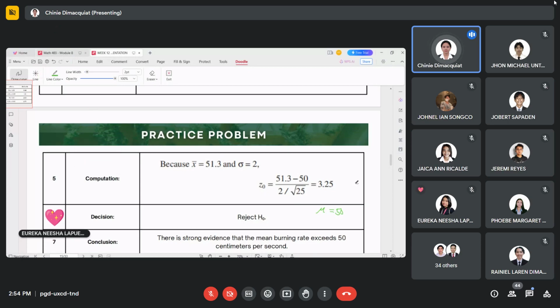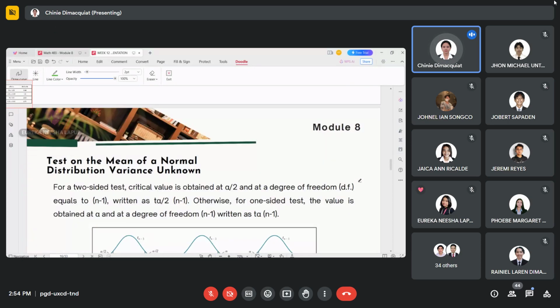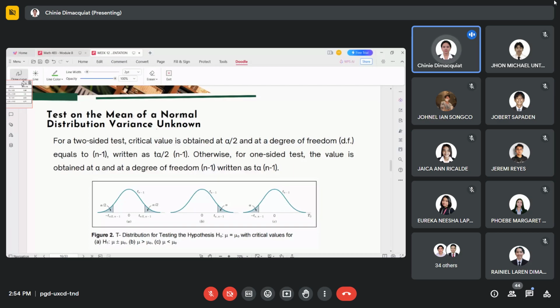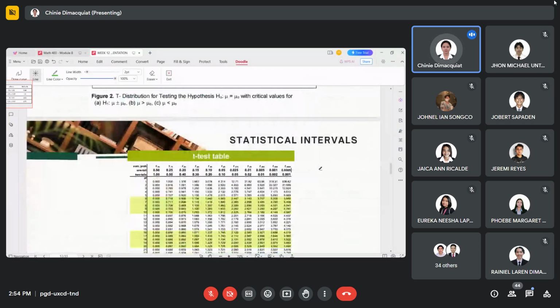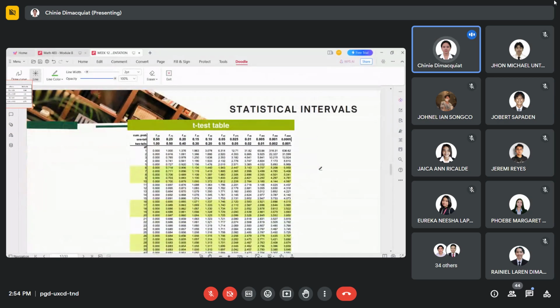Okay, so proceed tayo dito. So test on the mean of a normal distribution variance unknown. So variance unknown, kanina variance known. So same process. So yung pitong yun pa rin ang ating susundin. Ang pinagkaiba lang, ang gagamitin natin dito ay t-test kay variance unknown.